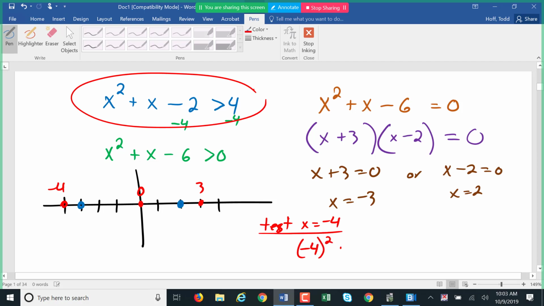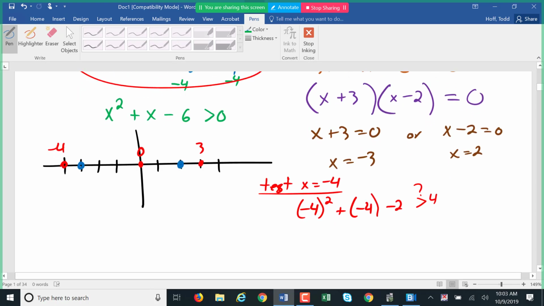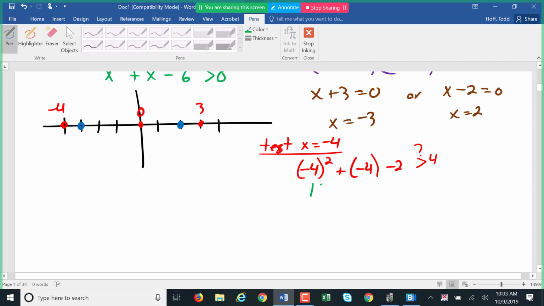So negative 4 squared plus negative 4 minus 2, is that greater than 4? Negative 4 squared is 16, plus negative 4 minus 2. Well, 16 plus negative 4 minus 2 is 10. That is greater than 4, so we are true out there.